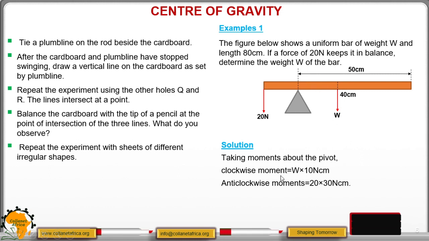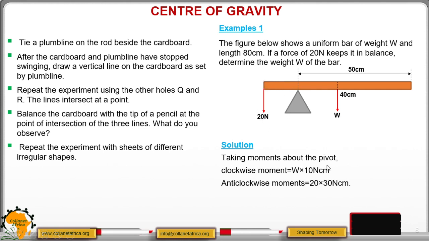Then you take also the anticlockwise moment, which is from here toward this side, and it will be the force, which is these 20 newtons, multiplied by the perpendicular distance from the point of support to the line of action of this force here.